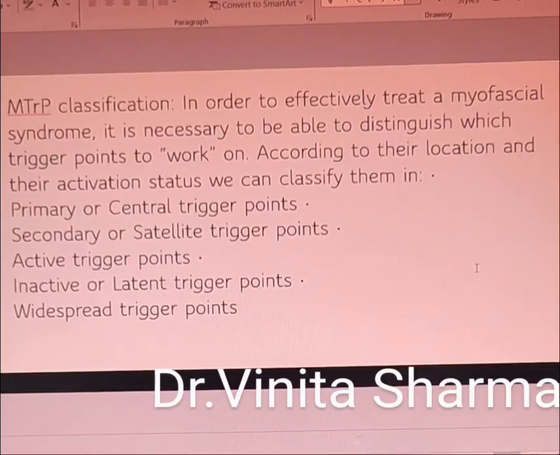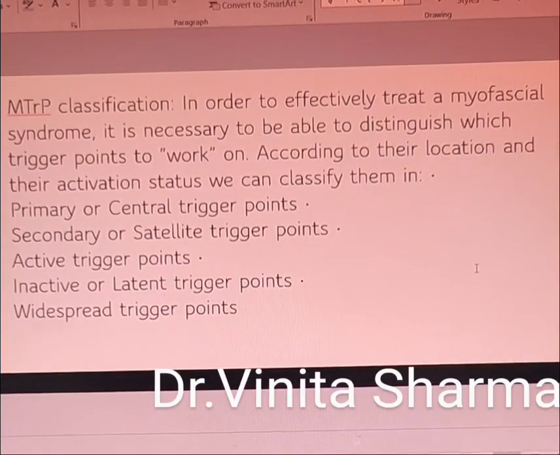So what are the primary or central trigger points? The location itself, the pain and the activeness of that trigger point will tell you what the primary or central trigger points are. Then there are secondary or satellite trigger points, active trigger points, inactive trigger points, latent trigger points, widespread trigger points. So there are many types of trigger points.